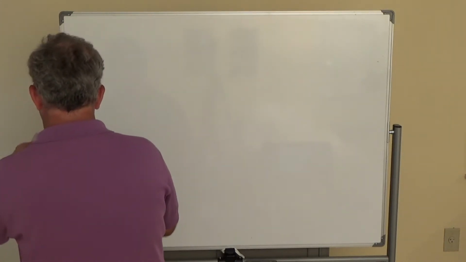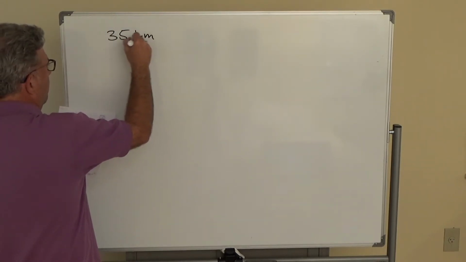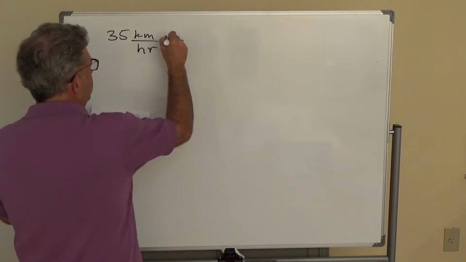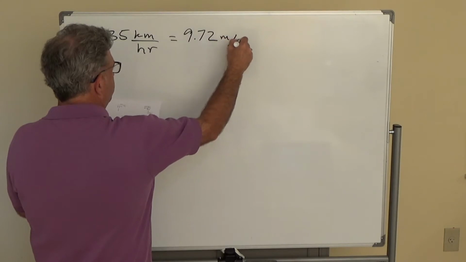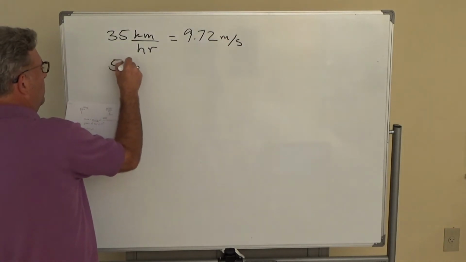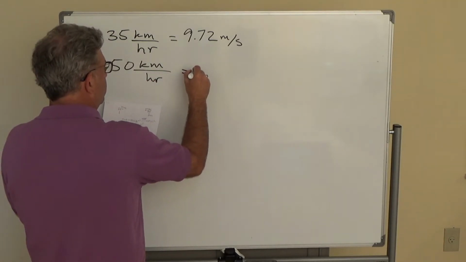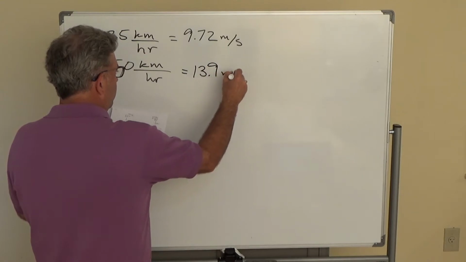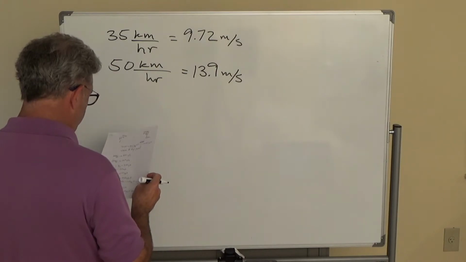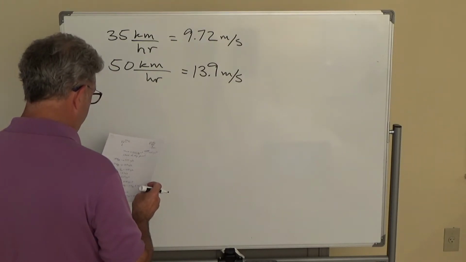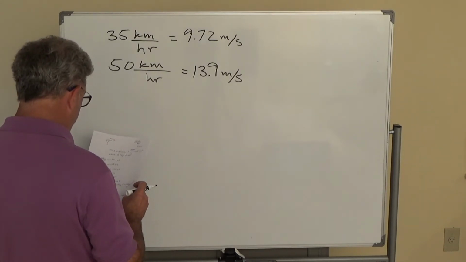I'm not going to write out all the conversions. 35 kilometers per hour is equal to 9.72 meters per second. 50 kilometers per hour is equal to 13.9 meters per second. Okay. What else do we need? That's probably it. The acceleration is already in meters per second squared.